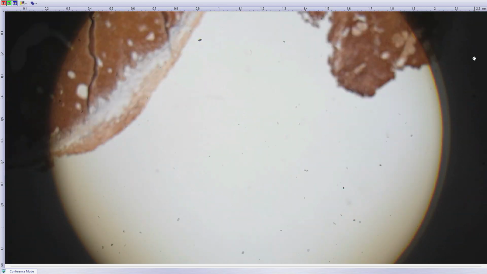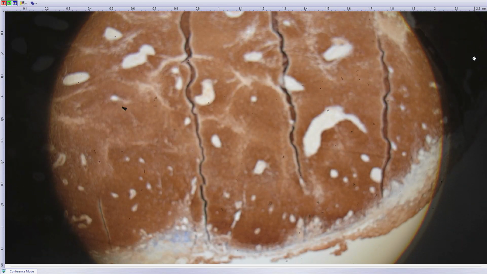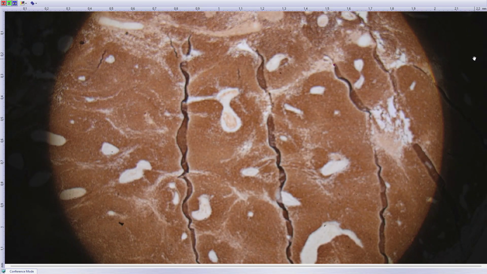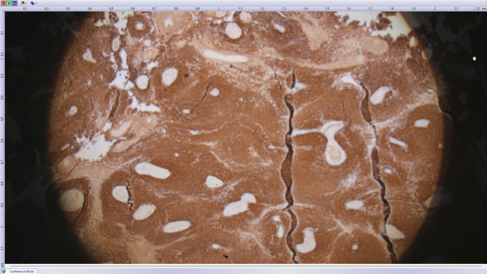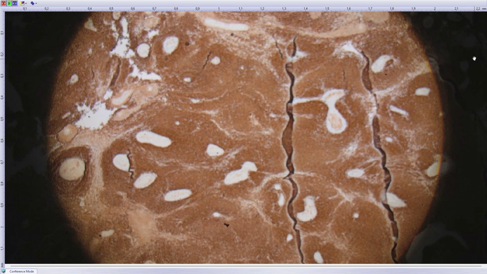So it could be MPNST, but this is S100 protein staining, and Sox10 is similarly diffusely and strongly positive. So this is not classical MPNST. This diffuse staining almost rules out MPNST.